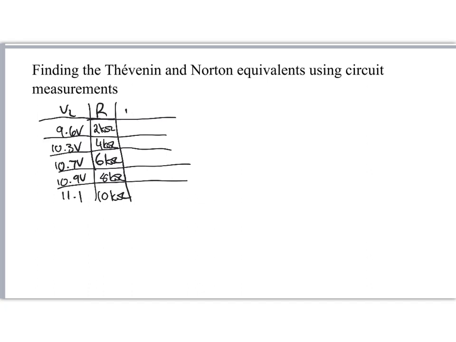Then we can use Ohm's law to calculate the current, and the current is 4.8 milliamps, 2.6 milliamps, 1.8 milliamps, 1.4 milliamps, and 1.1 milliamps.